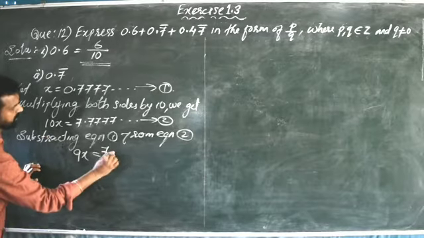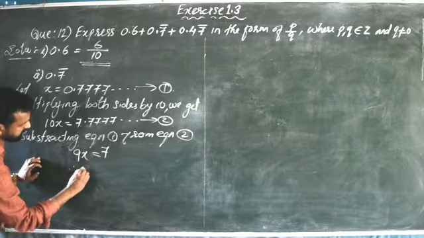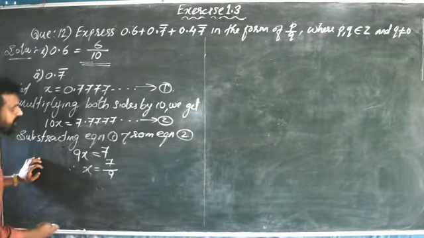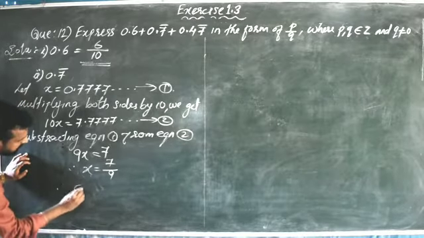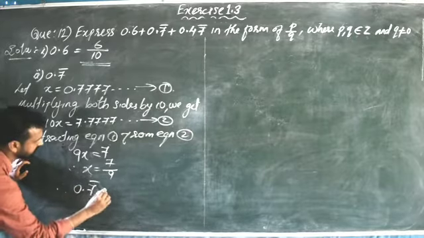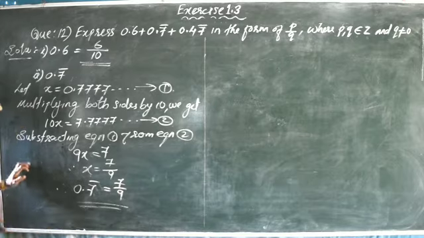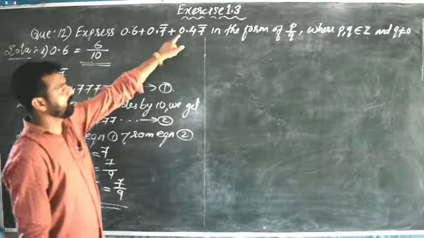That means 7.000 will come, that is 7 only. Therefore x is equal to 7 divided by 9. Therefore 0.7 bar is expressed in the form of P divided by Q as 7 divided by 9. Now the third one, 0.47 bar.